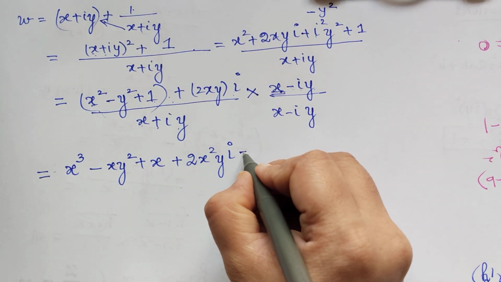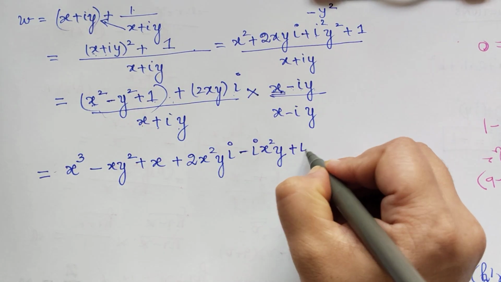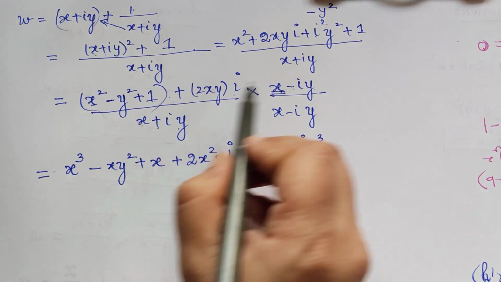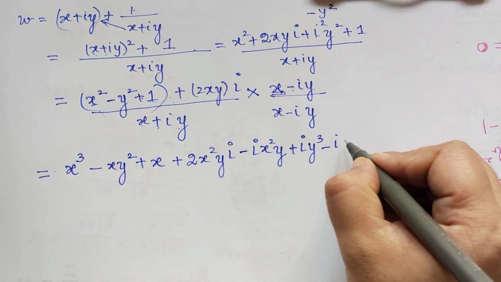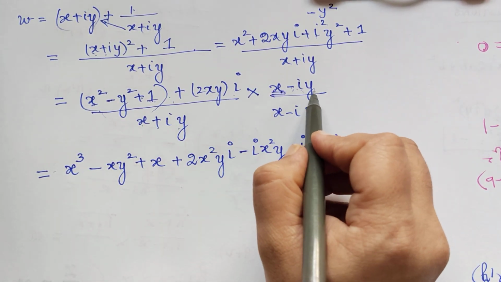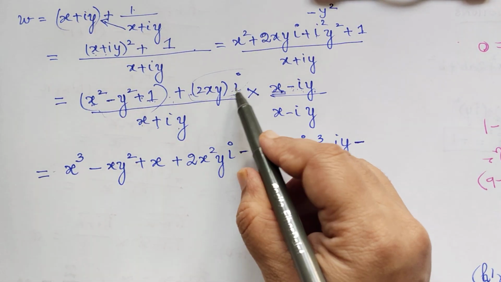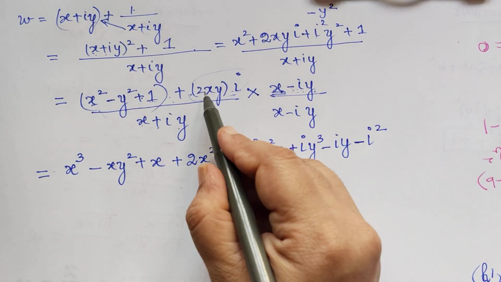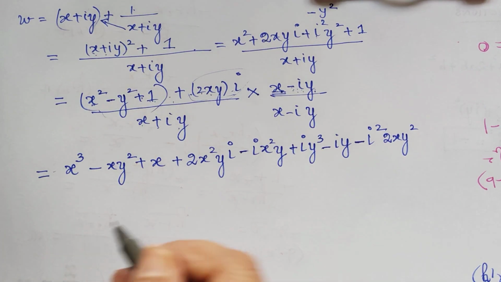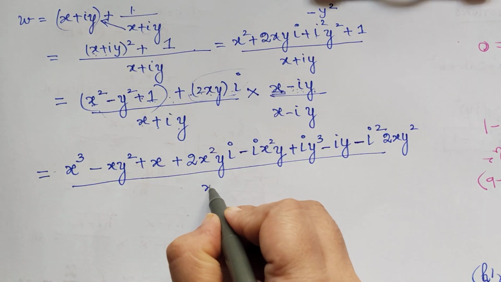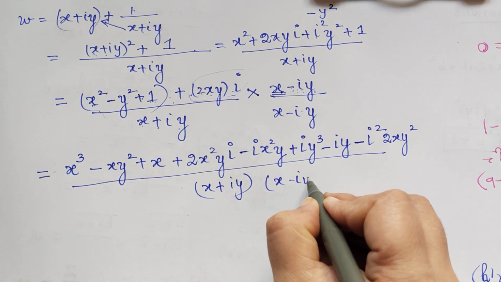So we get minus ix²y, then minus into minus plus iy³, and then 1 multiplied with iy gives minus iy. Then the minus iy has to be multiplied with 2xyi also: plus into minus is minus, i multiplied with i gives i², and 2xy multiplied with y gives 2xy², the whole divided by (x + iy) multiplied with (x minus iy).